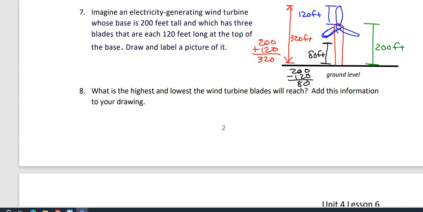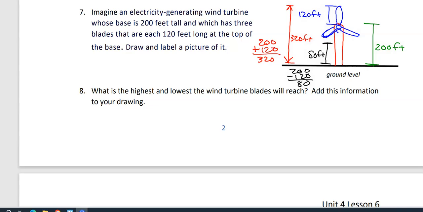And then if I'm looking for the least height, I'm looking at the blade going straight down. It's basically at 6 o'clock on the clock, which means that you are 120 feet from that pivot point. So you'd subtract 200 and 120, and that would be 80 feet. So hopefully the illustration shows all of the information that they're looking for in 7 and 8.